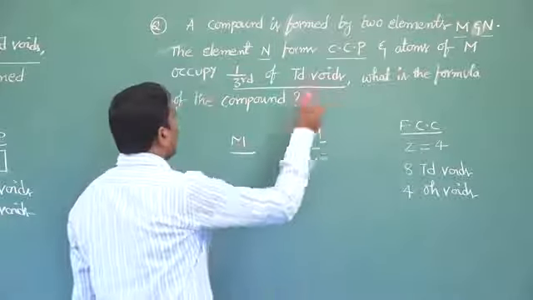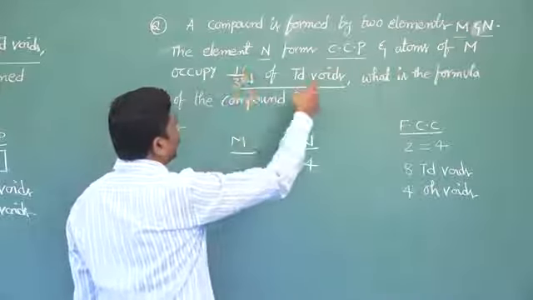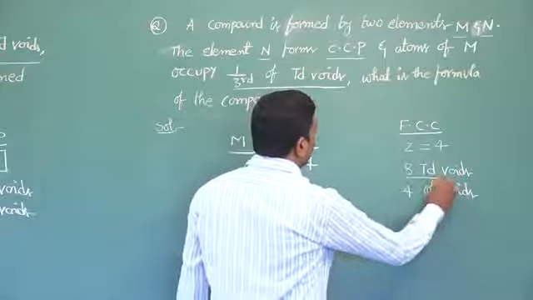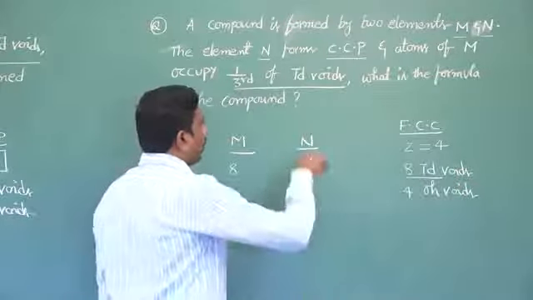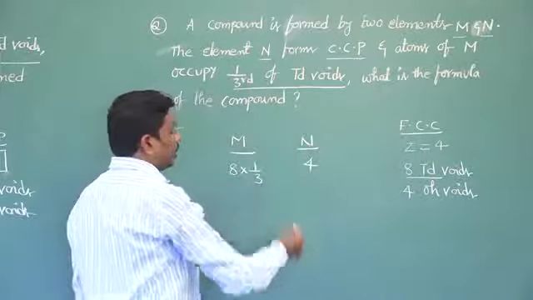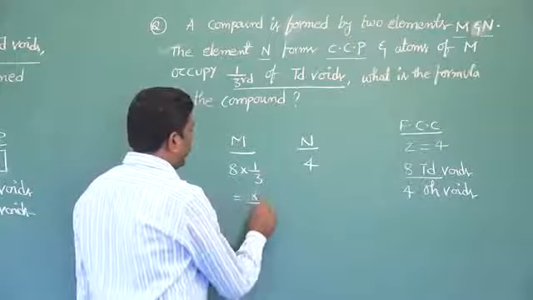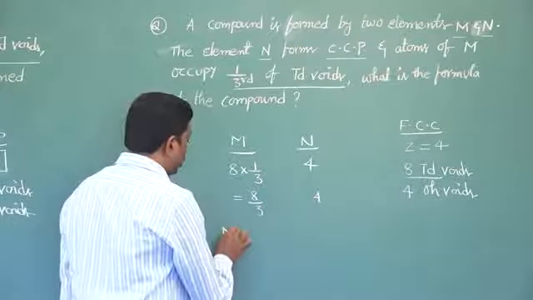Next, regarding M, atoms of M occupy 1/3 of tetrahedral voids. So actually how many tetrahedral voids are there? 8 tetrahedral voids. Out of 8, how many are occupied by M? Only 1/3 is occupied by M. Then the value is 8/3, and this is 4. Then what is the ratio of M is to N?